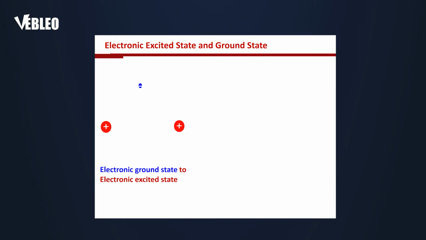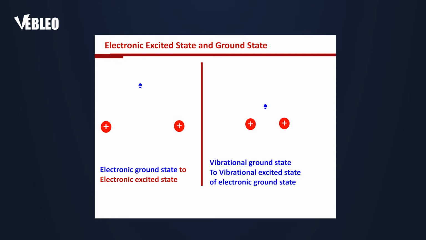For the same molecule, instead of the electron being excited by a photon, the chemical bond absorbs vibrational energy and the nuclei are separated. Because these two nuclei are separated, the electron certainly has to jump away.